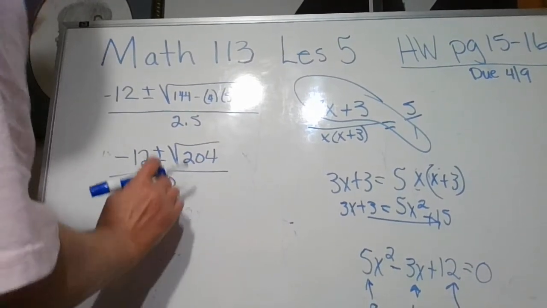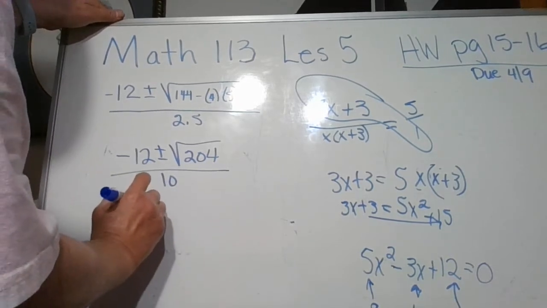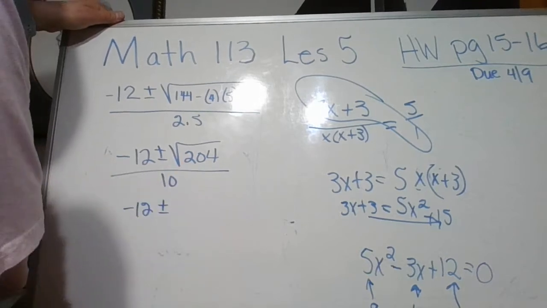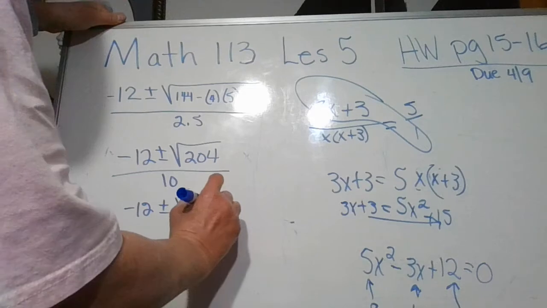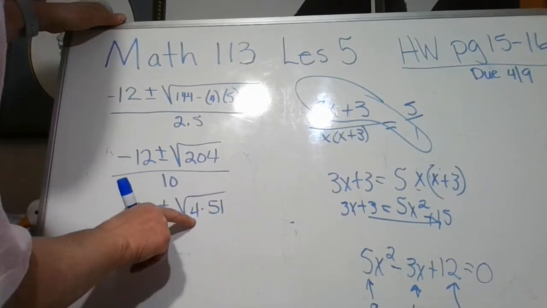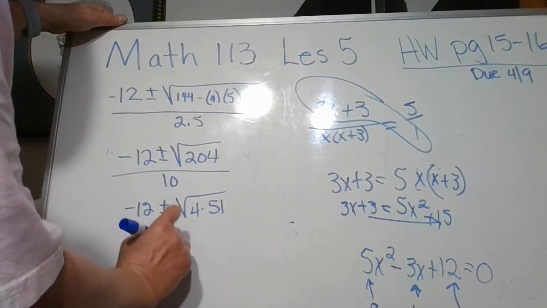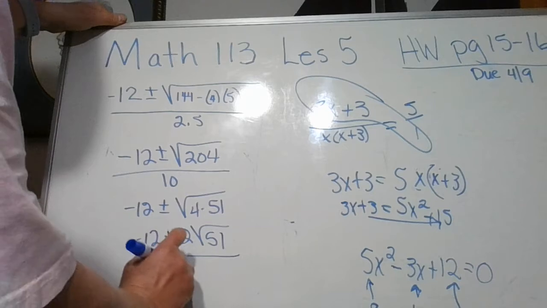Well, when I factor that 204 down, I'm going to have negative 12 plus or minus the square root of 4 times 51. But notice that 4 is a perfect square, and I can pull a 2 out. So I'm going to have negative 12 plus or minus 2 times the square root of 51 over 10.